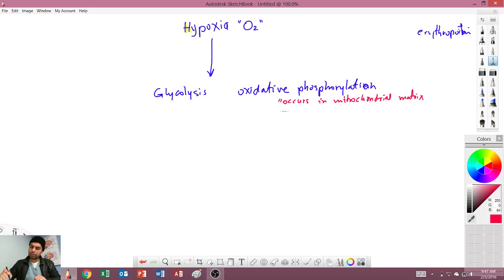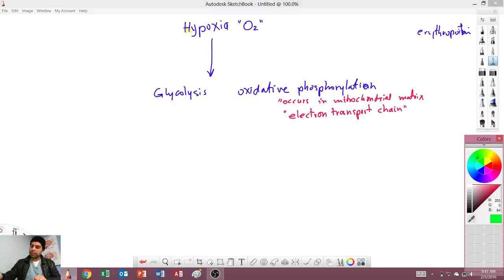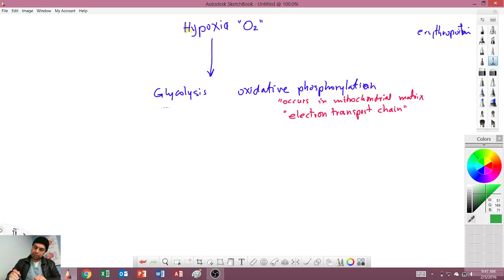So oxidative phosphorylation means electron transport chain. Whereas glycolysis occurs in the cytoplasm. Okay, and then we will see how hypoxia affects both processes.